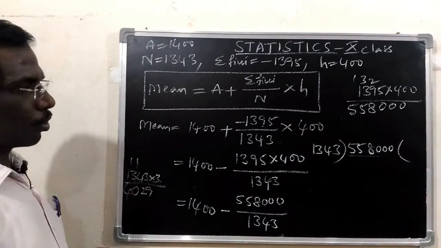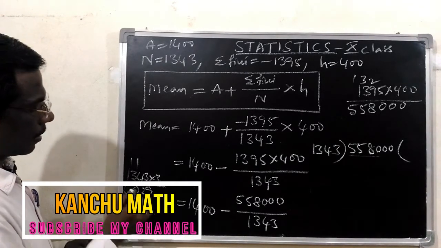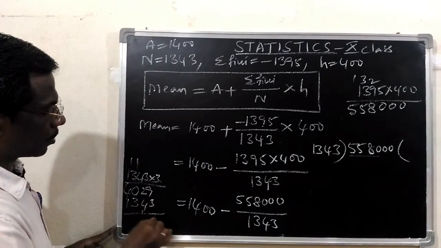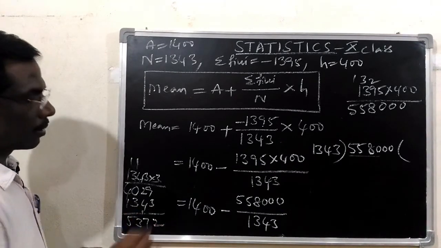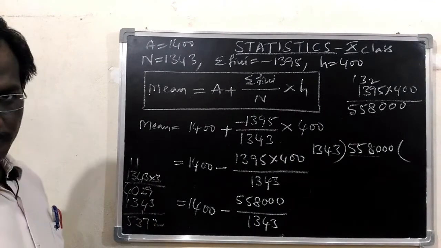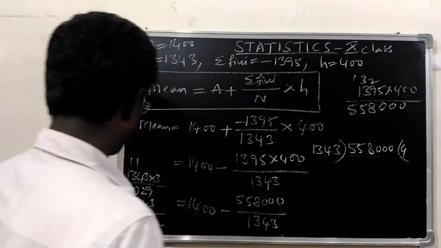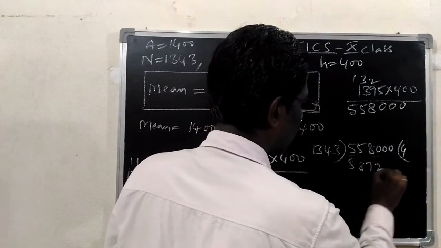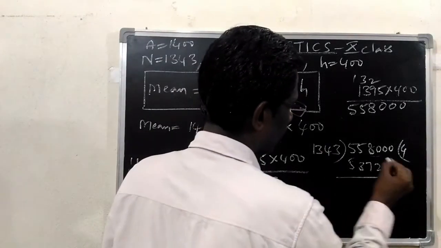If I take 4 times, that will be 5372. This is a very close value.